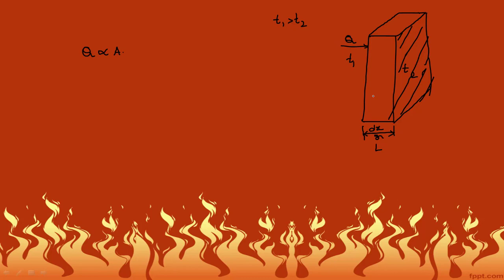So this area multiplied by temperature gradient. Temperature gradient is nothing but the variation in temperature with respect to the thickness, that is dT by dx.